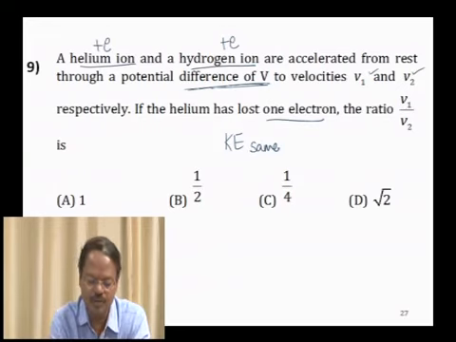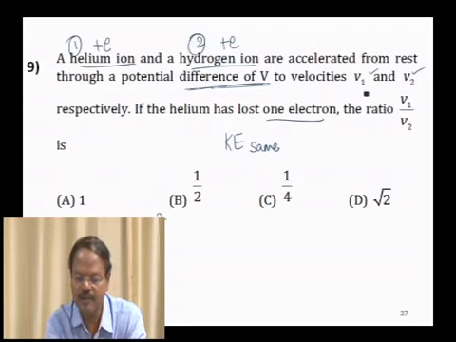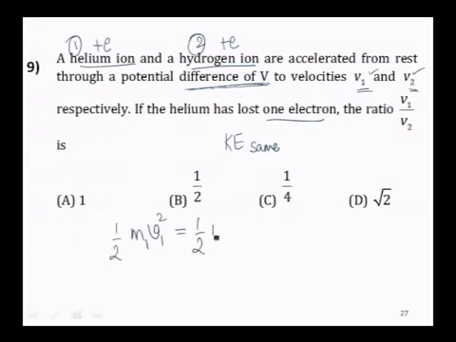Now, you just substitute half mv square for 1. So, let us take helium as 1, hydrogen as 2, that is the way they have given here 1 and 2. So, half m1 v1 square for the helium ion should be equal to half m2 v2 square for the hydrogen ion. Now, this half is cancelled, V1 by V2 should be therefore, cross multiply, root of M2 by M1.